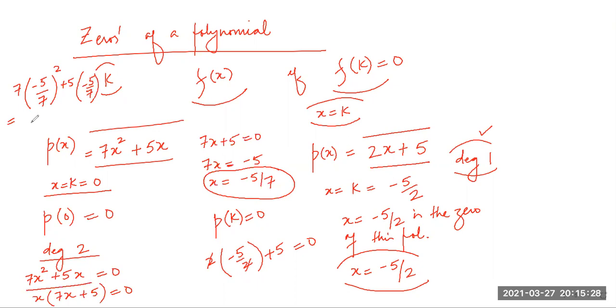The result is 7 into 5 5s are 25 divided by 7 into 7, minus 25 by 7. 25 by 7 minus 25 by 7 is equal to 0. So we have got an interesting thing that the degree of a polynomial is equal to number of its zeros. Beautiful.